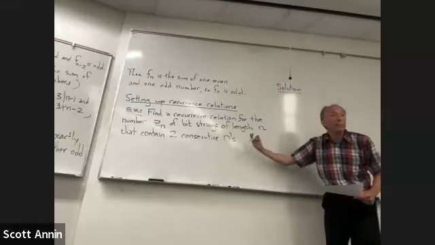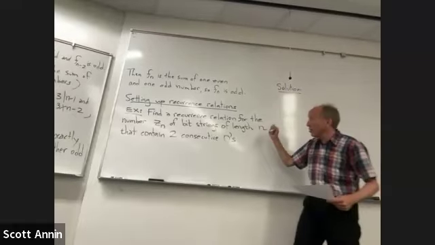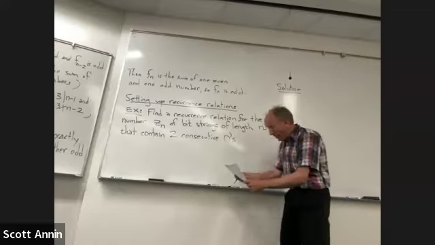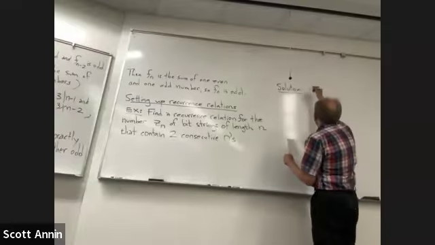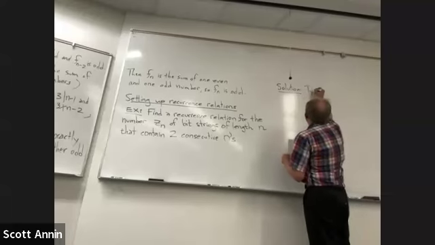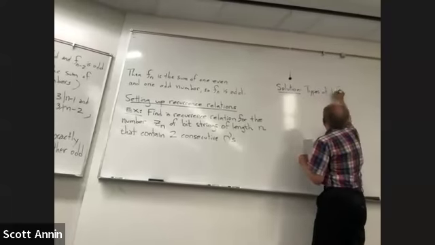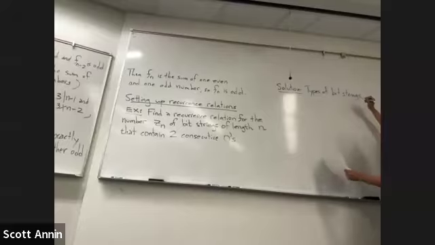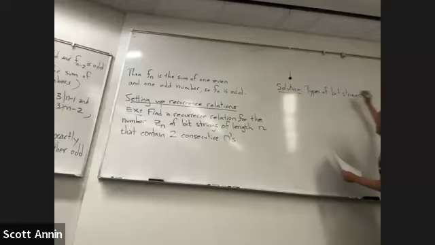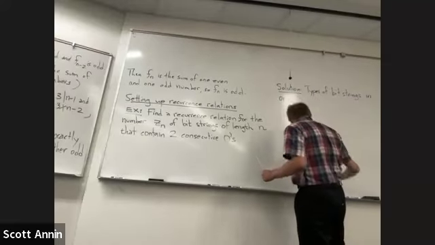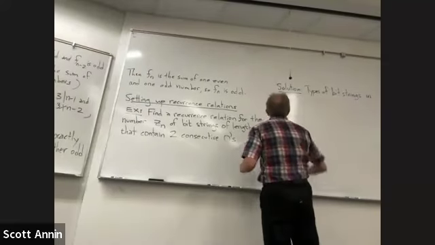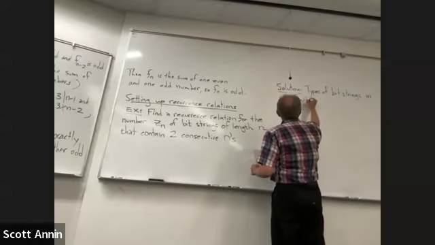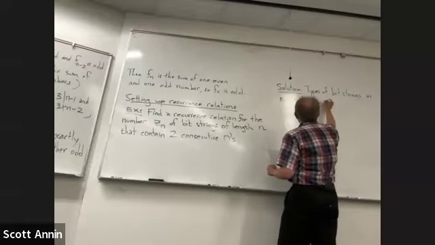Even just filling in one number makes it a shorter string of unknown values, right? So that's going to be the idea. So there are types of bit strings in what I'm going to make up into non-overlapping cases.